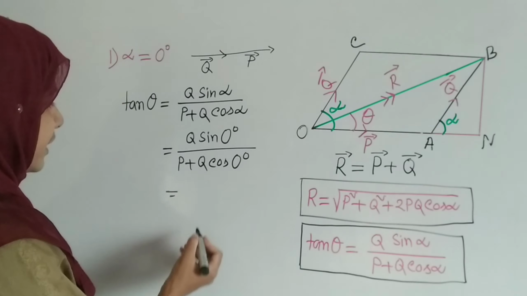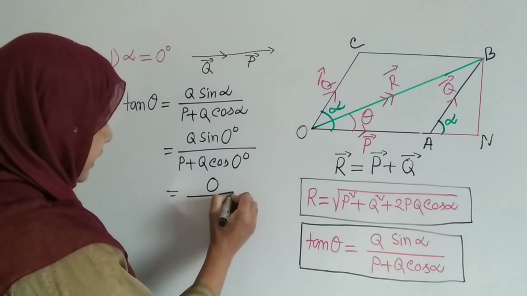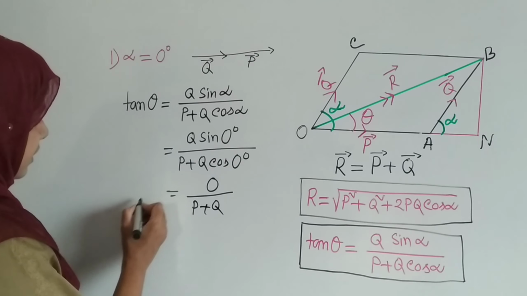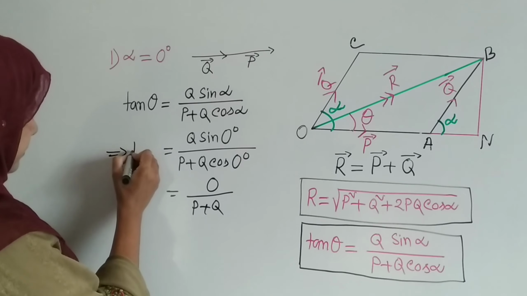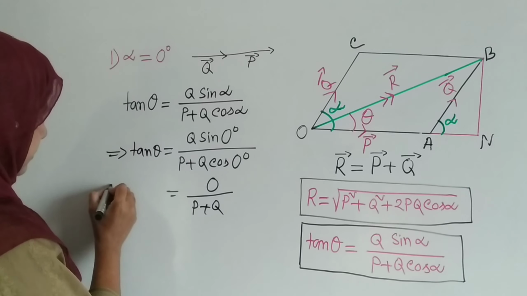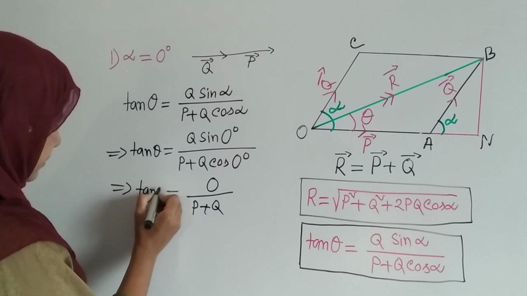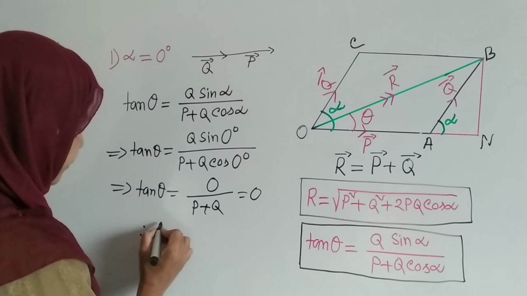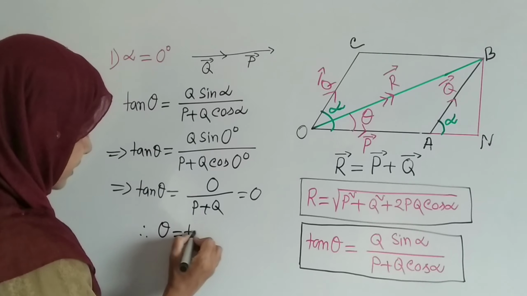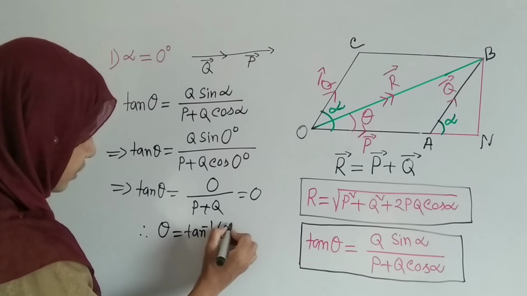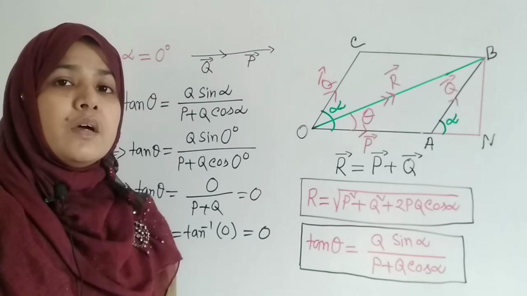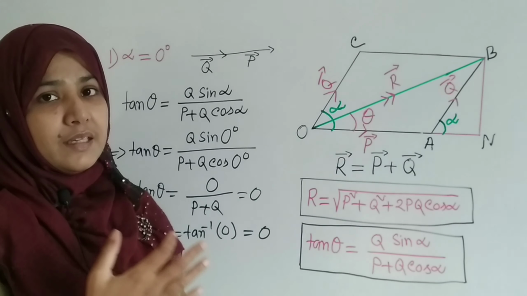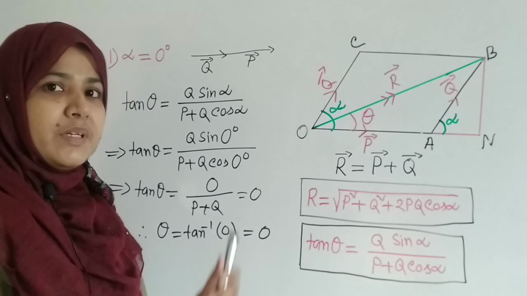The value of sin 0 degree is 0 and the value of cos 0 is 1. That means 0 by P plus Q, that is 0. So the value of theta is tan inverse 0, which is 0. So we can say that if two vectors act in the same direction, then the resultant will be in the same direction also.